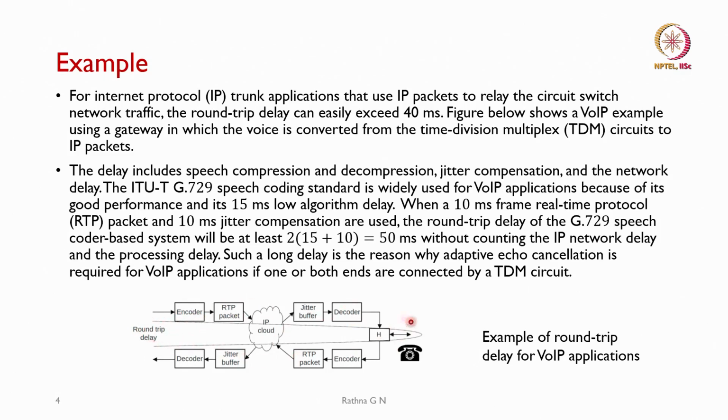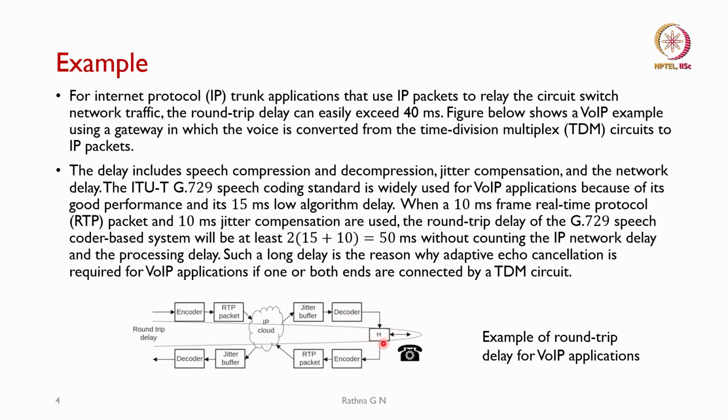This is a voice over IP example using a gateway in which the voice is converted from the time division multiplex circuits to IP packets. So, you have an encoder. You will be having the RTP packets and use the IP cloud, and then you will either transmit it this way or pass it through the jitter buffer, and finally you will be decoding it.